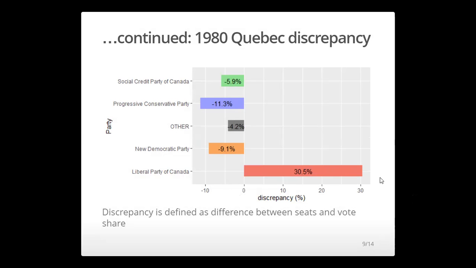So what is one method to calculate apportionment of seats under proportional representation?